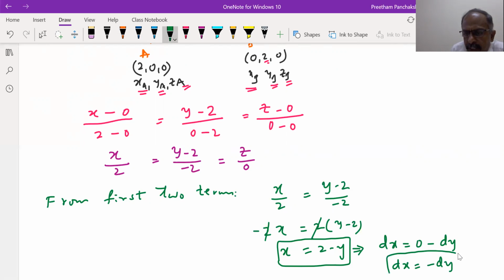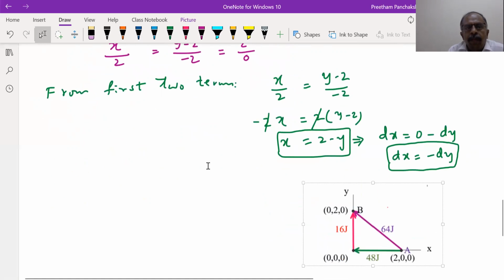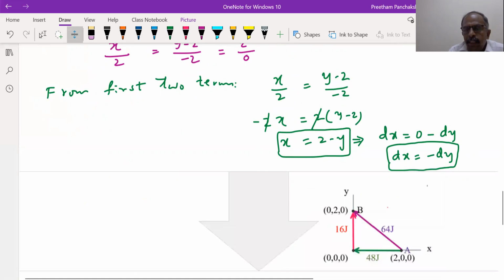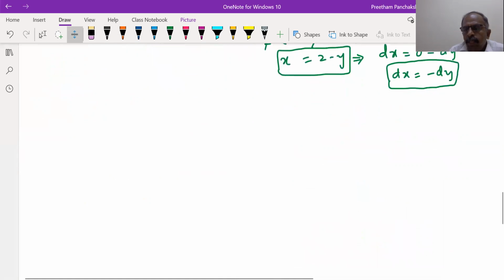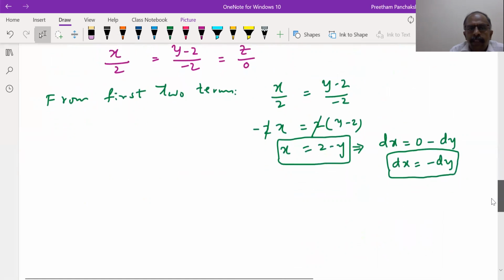So from these two equations, we can completely replace x values and get only y values, so that x and y are automatically placed on the given straight line path.